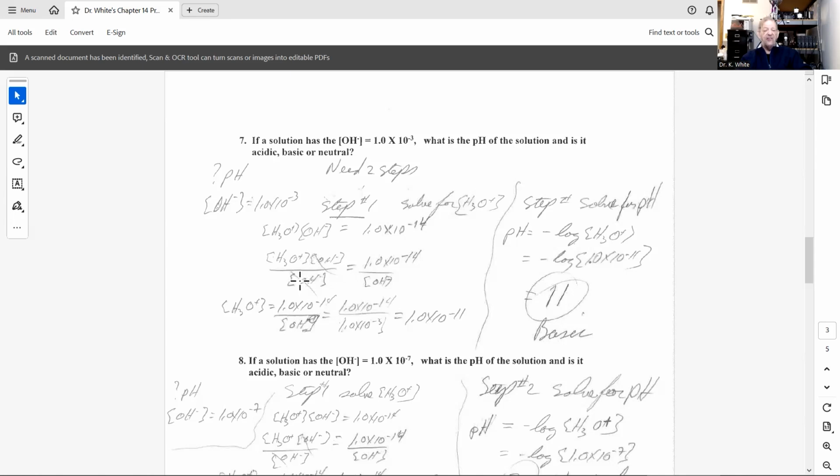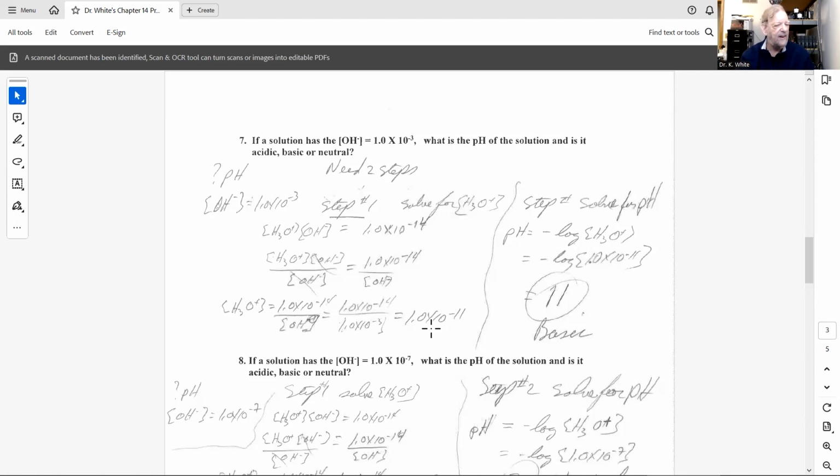But whatever I do to this side, I do to that. Well, this divided by this is 1 times H3O plus concentration. I get that. And this side is right here, 1.0 times 10 to the minus 14 divided by the OH minus concentration. Well, we know that's 1.0 times 10 to the minus 3, so I'll put it in there. Do the math, and you get 1.0 times 10 to the minus 11.